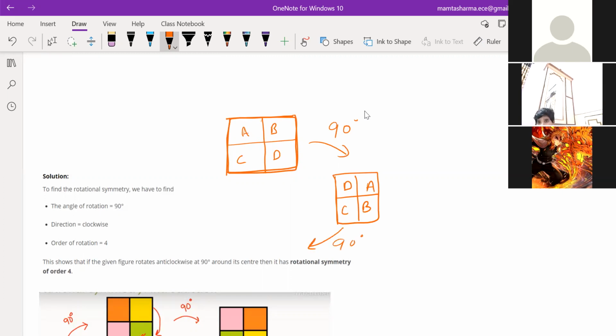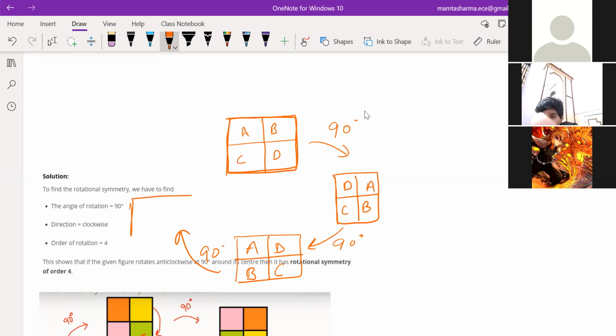Again, if I rotate this square by 90 degrees, B would come here, then C, A, D. Similarly, if I rotate again by 90 degrees, then DC will come here and BA will come here. Again, if I rotate, I will get the same square.